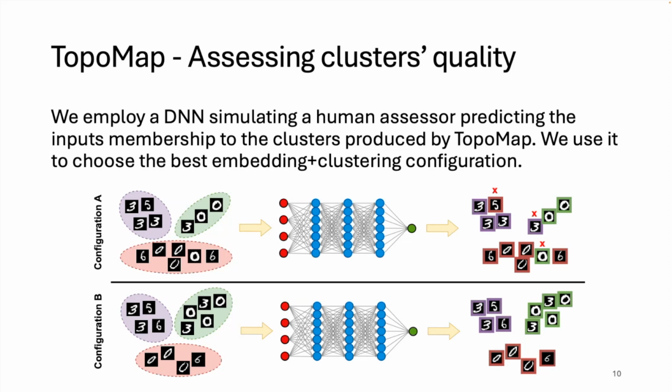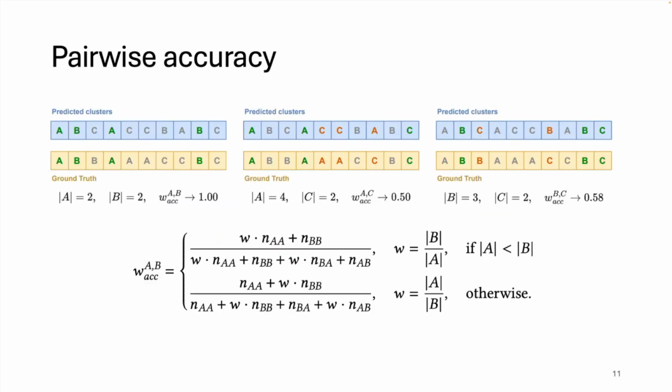We train a deep neural network on the input data and the cluster labels. And we evaluate whether the accuracy is high, because we assume that the higher the accuracy, the better the performance of the model to discriminate the clusters. However, we don't stick to the common definition of accuracy. We introduced the pairwise accuracy, which is closer to what a human will do, because a human will take into consideration two different clusters and pairwise assess if the clusters are significantly distinguishable or not.